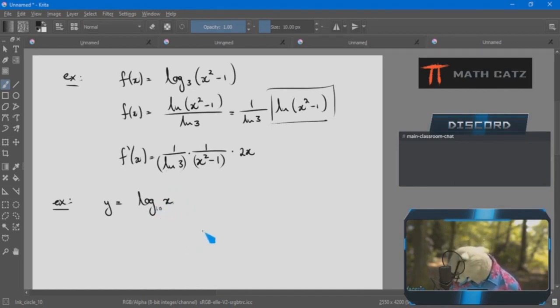You get very old books that didn't use ln, but just used this log as the natural log. So just be careful when you see a log without a base. These days it means base 10, but really the base should be there.